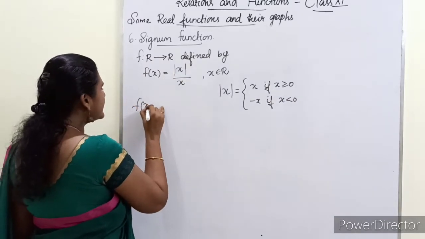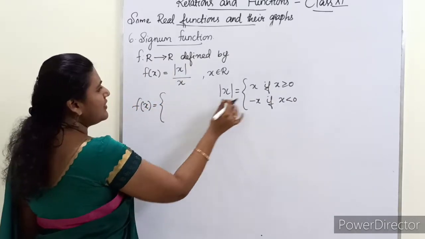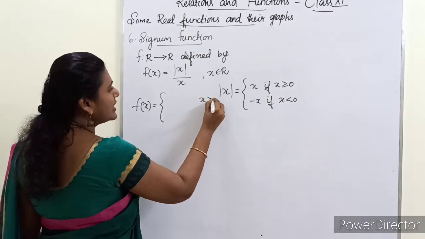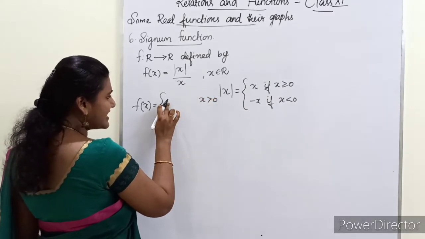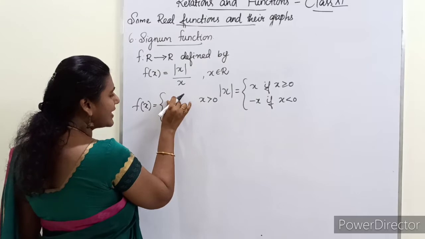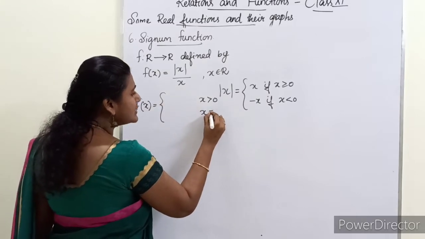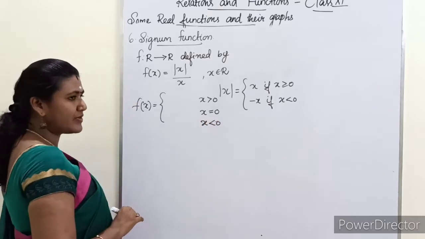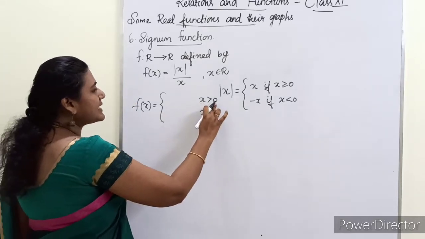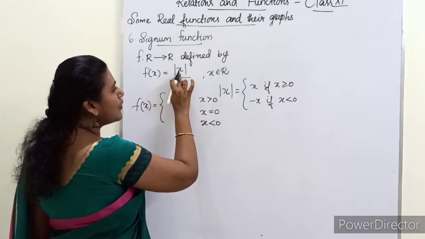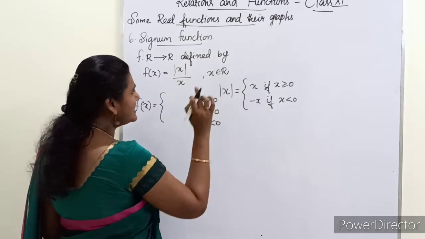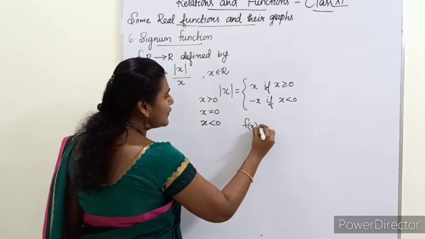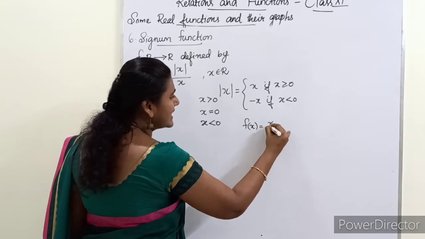So we will get signum function as if x greater than 0. So here we will have three cases. When x greater than 0, what is the value of signum function? When x is equal to 0, what is the function? When x less than 0, what is the function? So if x greater than 0, what is the value of modulus of x? Mod value is x. So f of x we will get as x by x, that is 1.